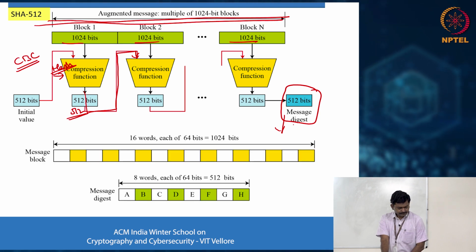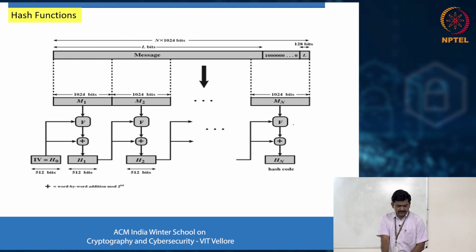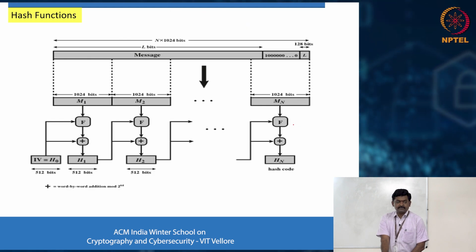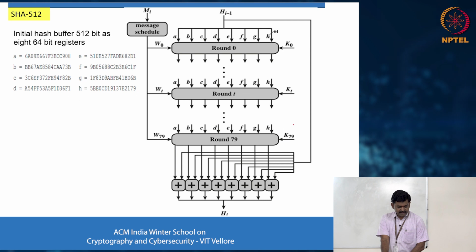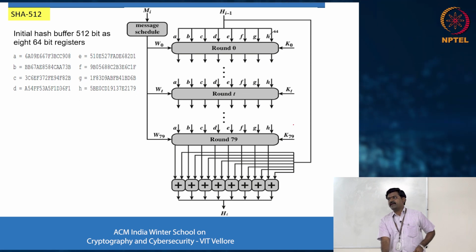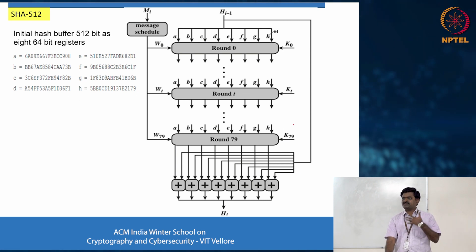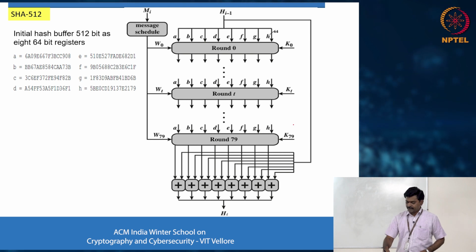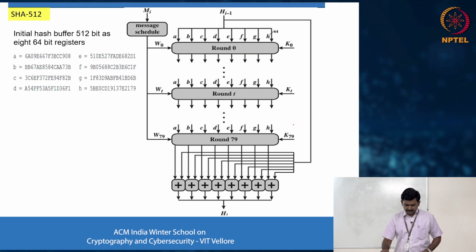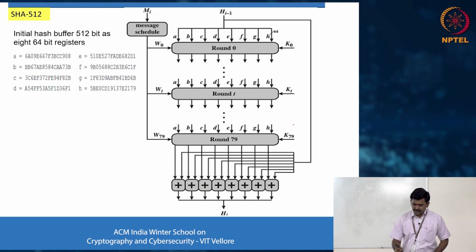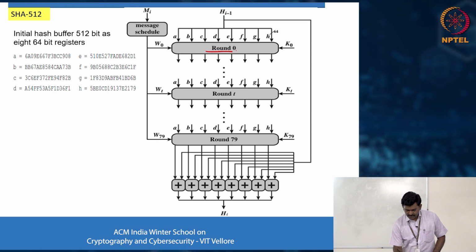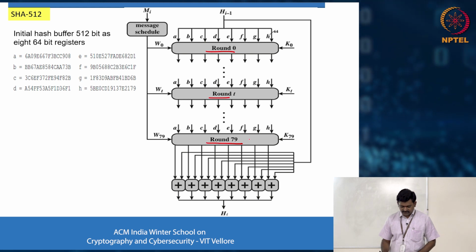Okay. I am not going to deal with this hash function, the SHA-512, per se. It is illustrated in the book. So please go back and check how the SHA-512 algorithm actually works. You can see the multiple rounds, I said 80 rounds. So round 0 to round 79, that means 80 rounds of operation.